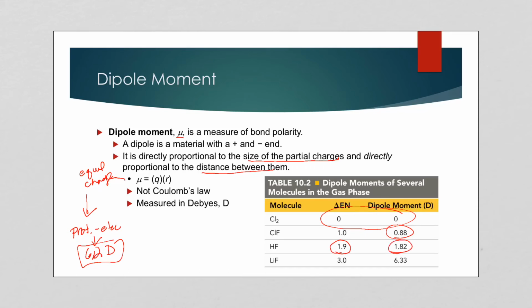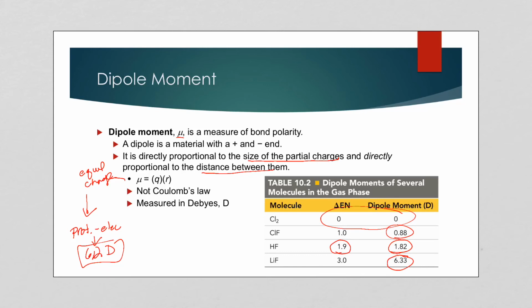Your dipole moment is not all that big. We take an example of lithium fluoride, clearly an ionic compound with a metal and a non-metal. Your delta electronegativity is very large, and your dipole moment is very large. So they do track well.